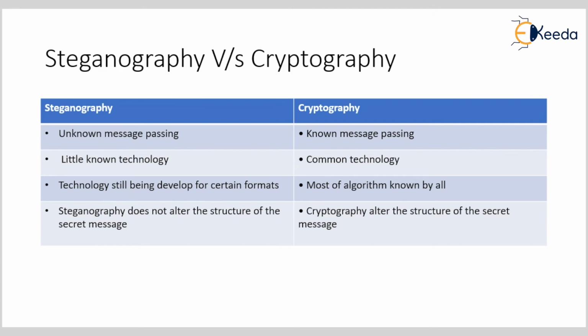We convert the plain text message, which is in a human acceptable format, in an understandable language, into the ciphertext, which is not easily understandable. It is not easily acceptable to humans. So in cryptography, alteration of the structure of the original message takes place, but in steganography, the alteration doesn't take place. So these are the four more important points for the difference between steganography and cryptography.